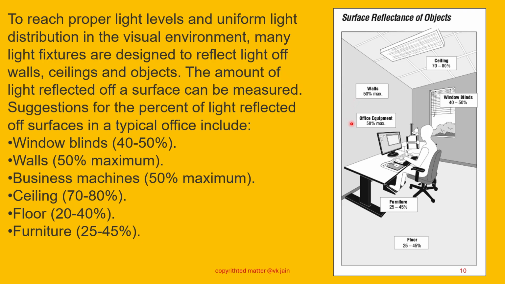Office equipment should have a color reflectance of 50% maximum. Window blinds can be 40 to 50% and furniture 25 to 45%. The floor may be somewhat darker, with reflectance from 25 to 45%.